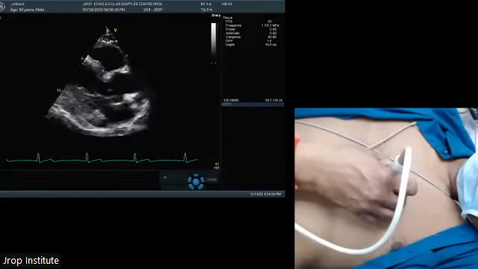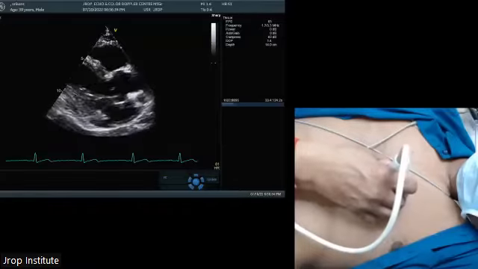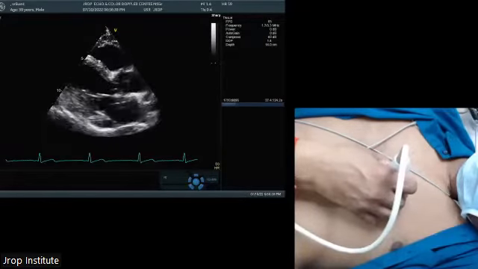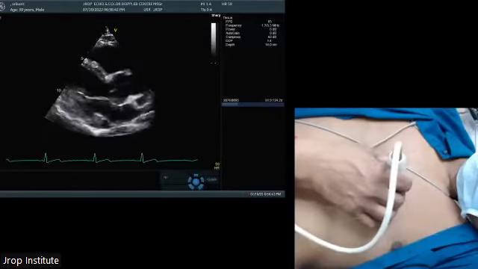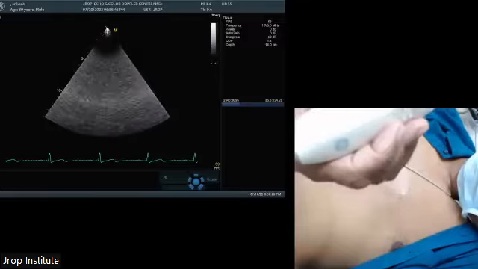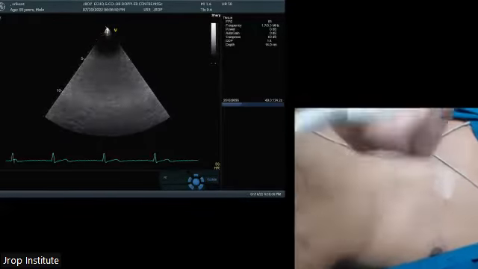Comfortable? Shall I move to next window? Sir, in which finger are you holding the pointer, sir? Which finger? Is it index or the thumb you are holding? I'm holding both my index and thumb. I know, sir. This is how I'm holding it. The marker, sir. Marker is at the place of thumb.